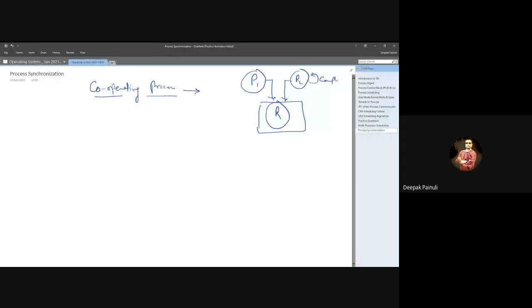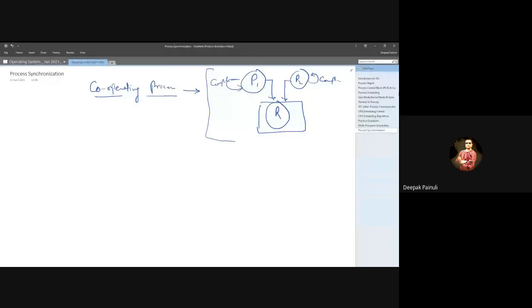That means those two require this resource for completion of their job. If both access it at the same time, there may be a conflict. The result will be conflicted.